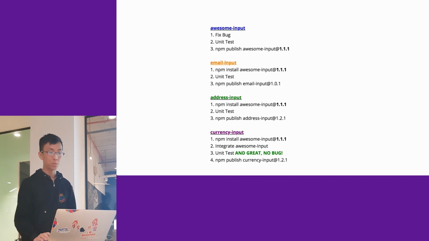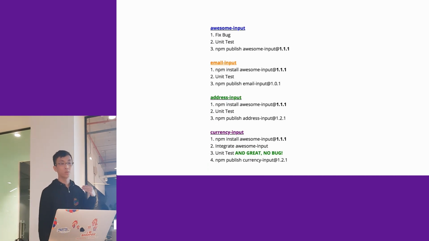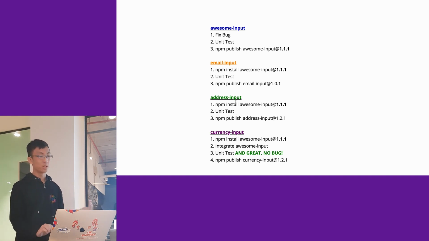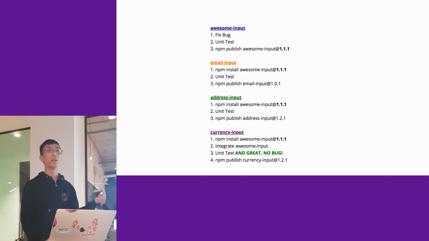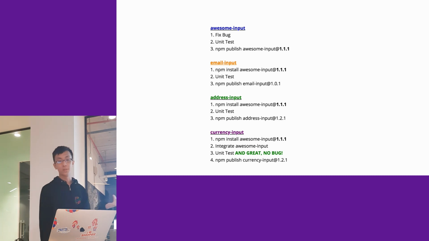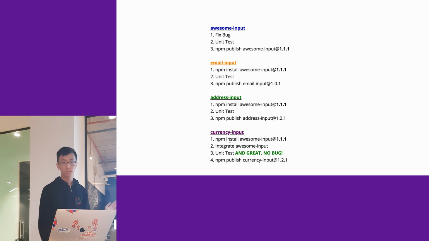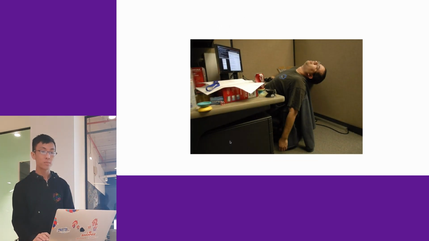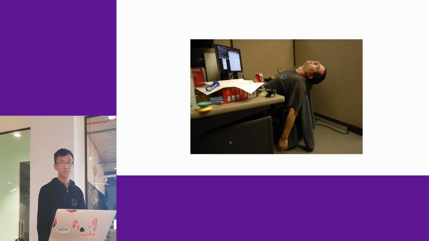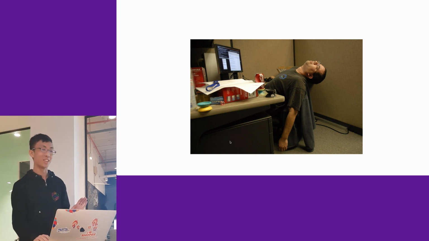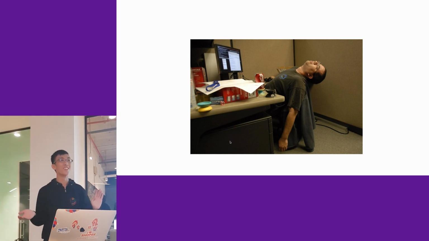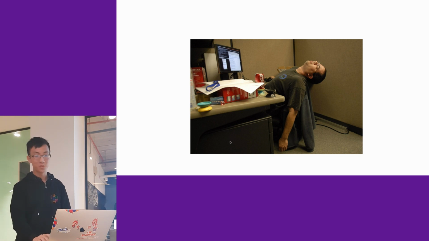So he goes back to the original awesome input, fixes it, publishes a newer version, and then goes into each of the packages, installs the latest version, tests it, publishes. And then lastly in currency input, test, works fine, publish, and finally he's very tired. Even I was confused just now with all the steps, right?